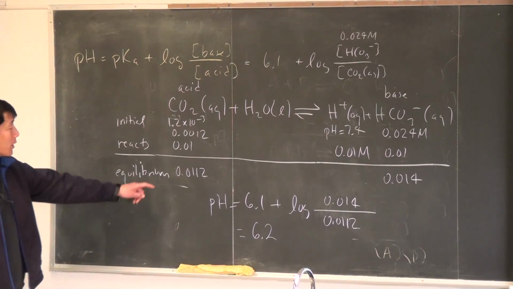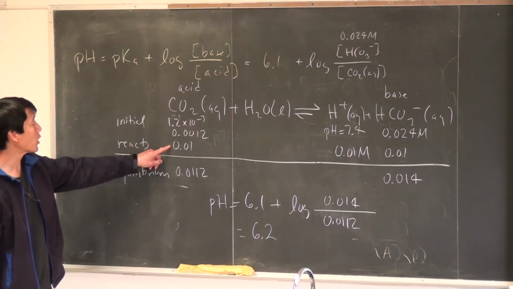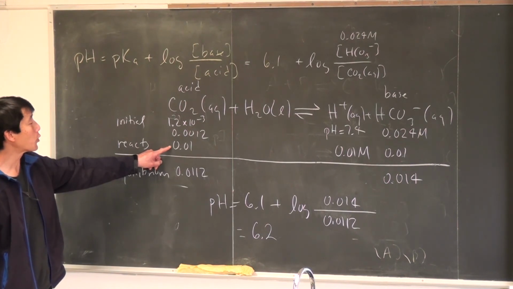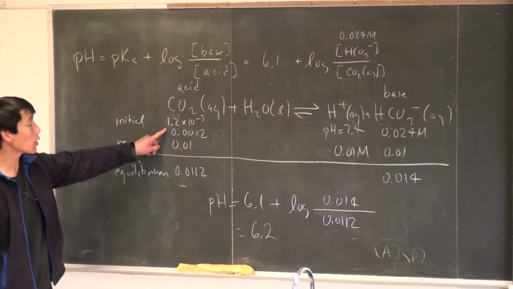So again, this represents a closed system, which means that this amount of CO2 was added, but in an open system, the excess CO2, which is this amount here, is exhaled, which means that at equilibrium in an open system, the CO2 is going to be equal to the initial amount, 0.0012.